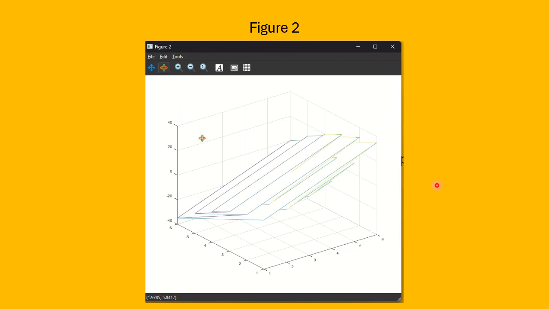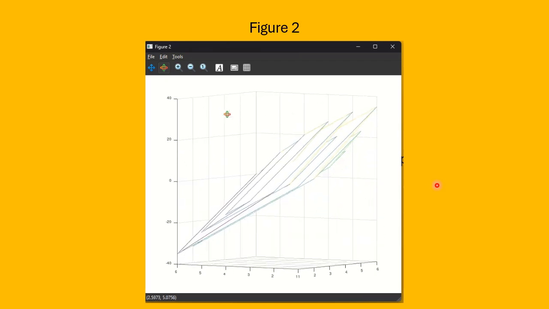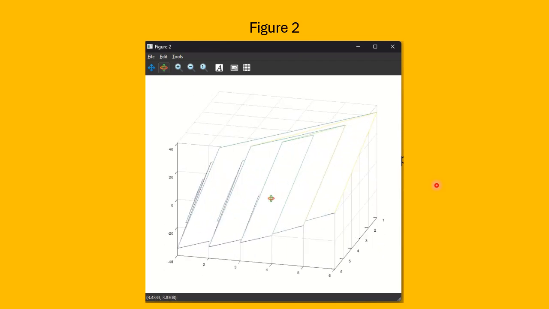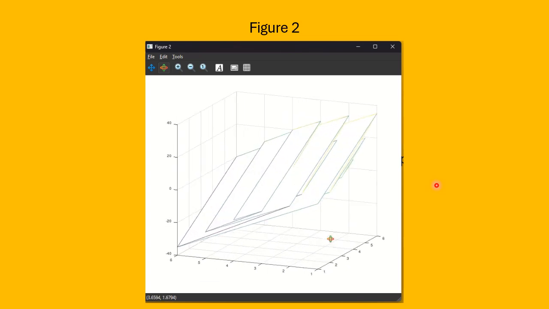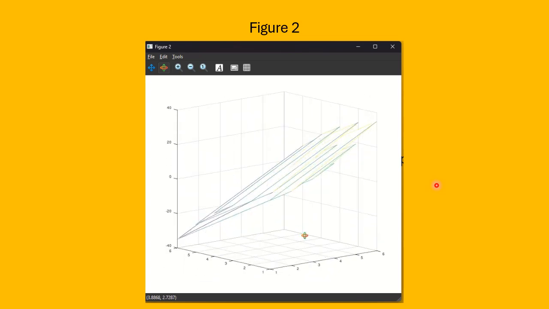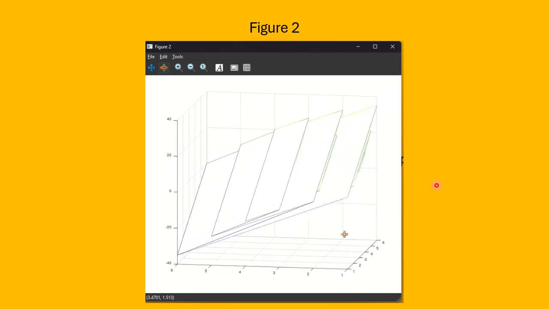If we rotate this one around to see what's happening, we can see that things just did not work out at all as far as getting that surface. So what we got for the second output in figure 2 is not the same as the function that we were considering.